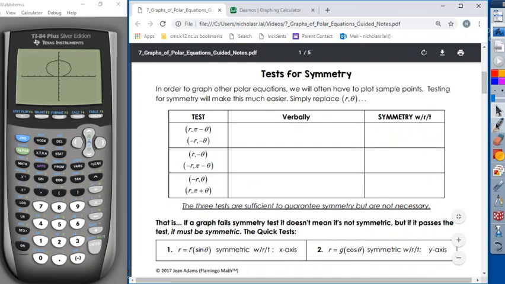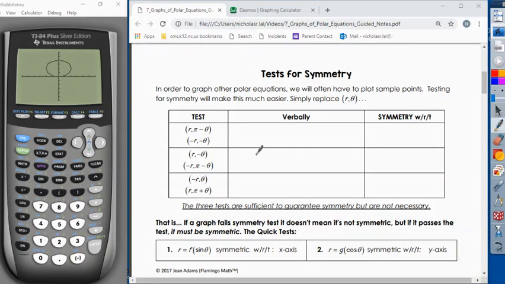We're going to have our test for symmetry. If our test is (r, theta) to (r, pi minus theta), or (negative r, negative theta), we can replace theta by pi minus theta.